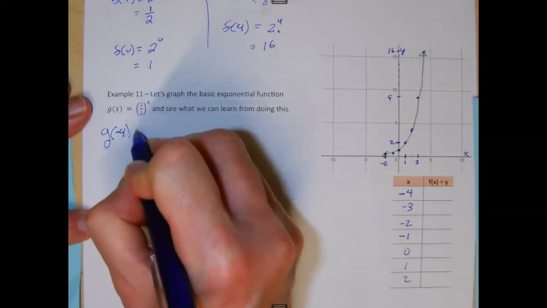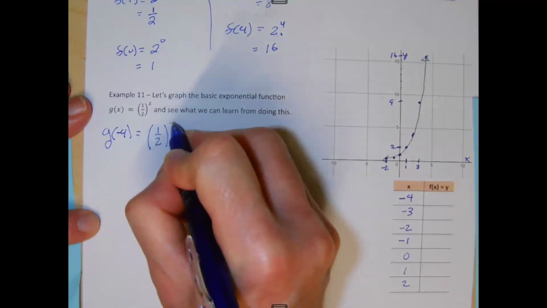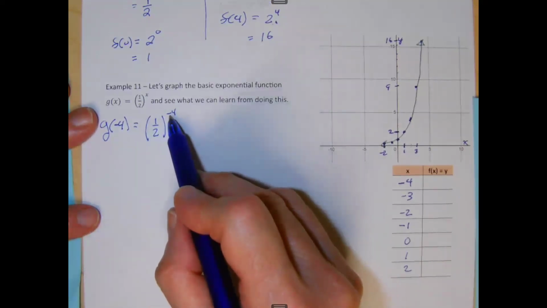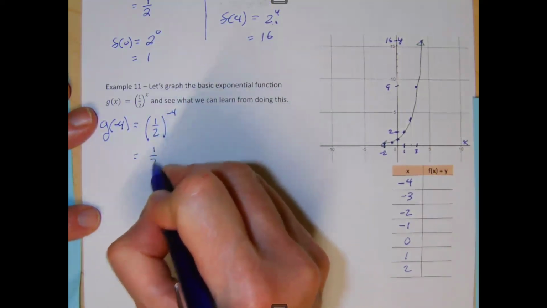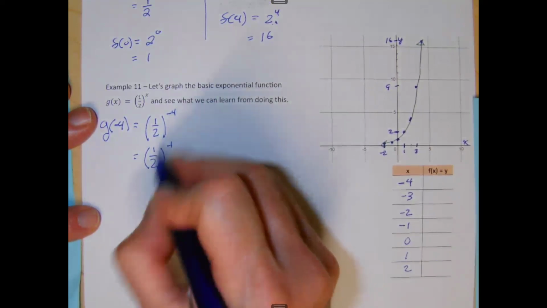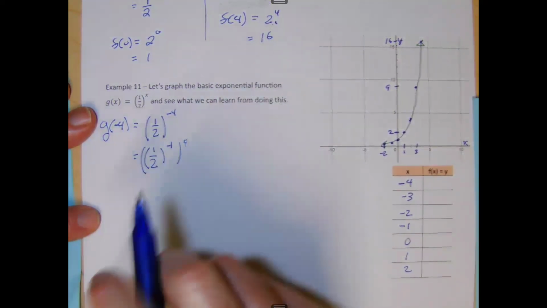So I'm going to enter g of -4. So now what I have is this. Again, I notice that I have a negative here. So what I'm going to do, I could do this, but I'm not going to do this from now on. I just want to show you that I can do this. I can break up the -4 into 2 parts: -1 times 4.